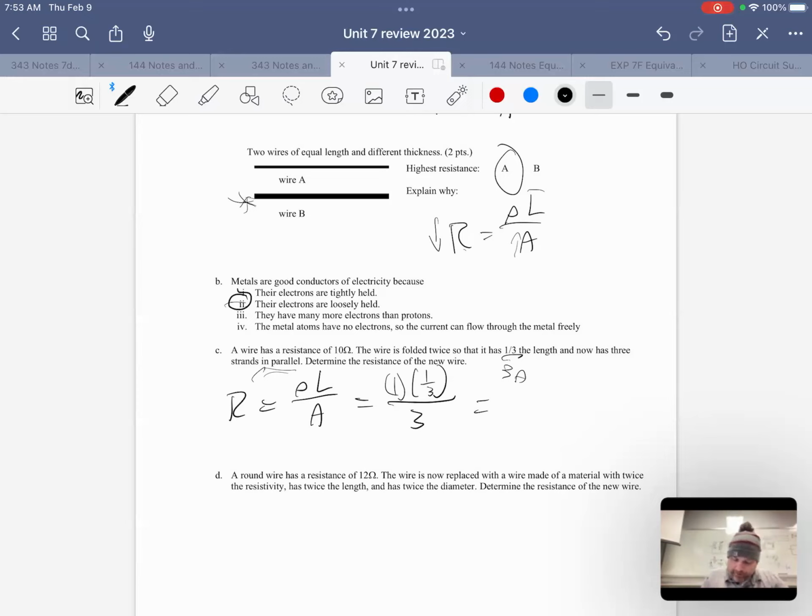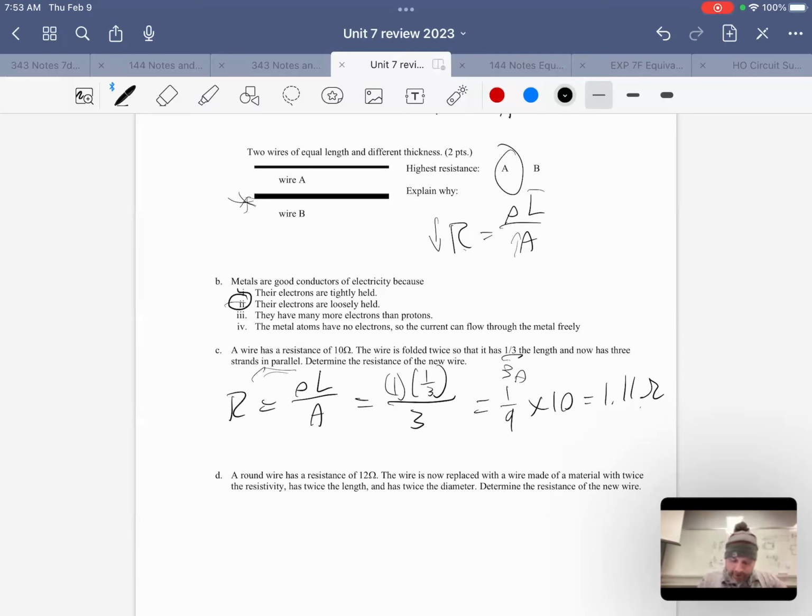Then I believe that comes out to be 1/9. So then I'll say 1/9 times 10, and that gives me 1.11 ohms. So both of those changes are going to decrease the resistance: making it shorter decreases resistance, making it fatter, or adding area, decreases resistance. So we're going to drop it way down to 1.11.